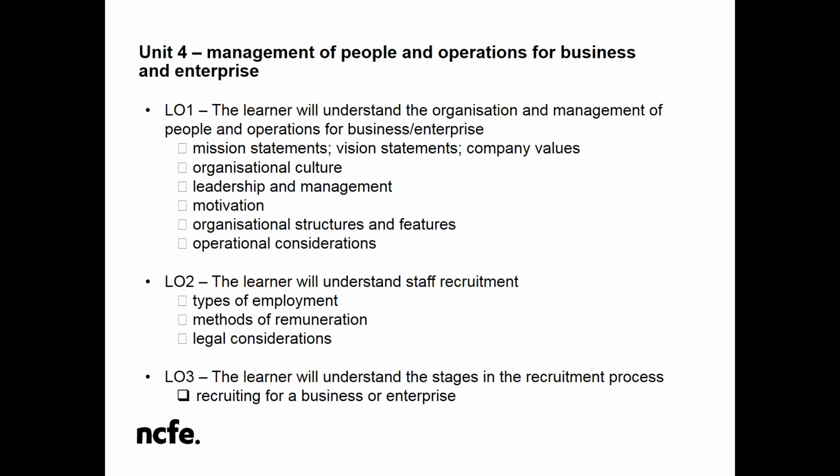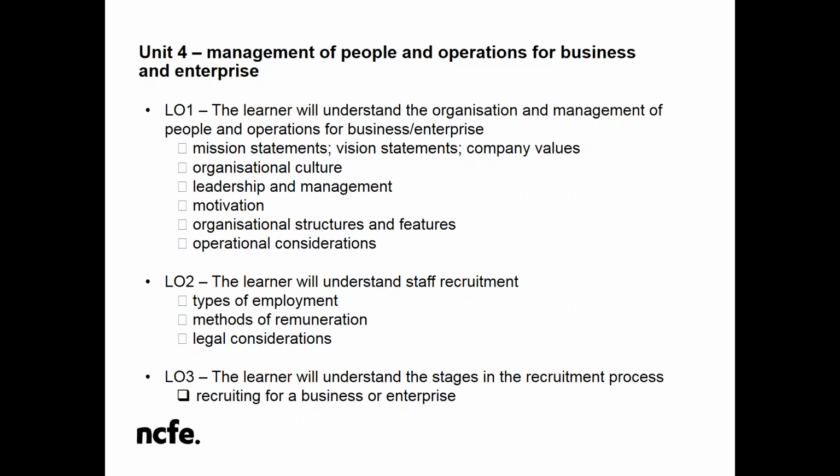Learning outcome 2 is around the learners and staff recruitment. So that's looking at different types of employment. Obviously there's a lot going on in the external environment around that at the moment, with zero hours contracts, part-time contracts, permanent.